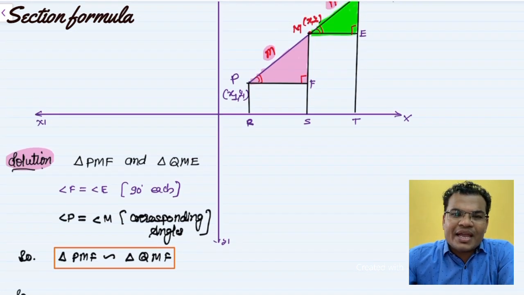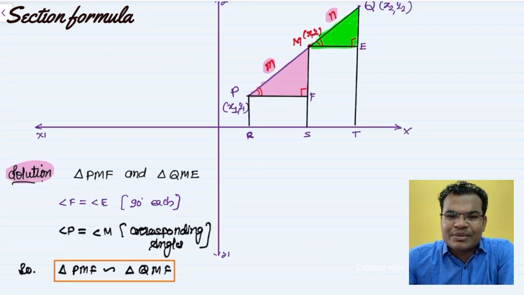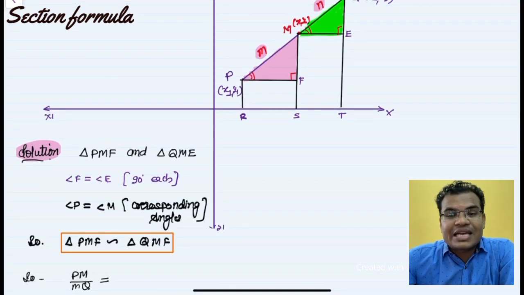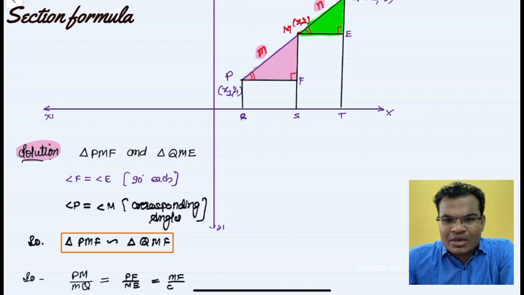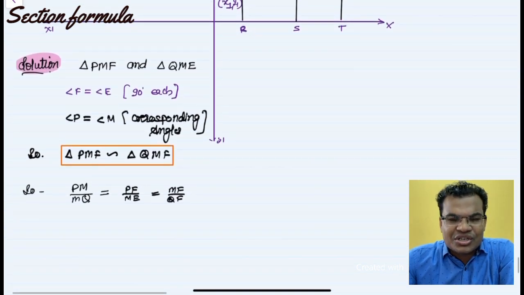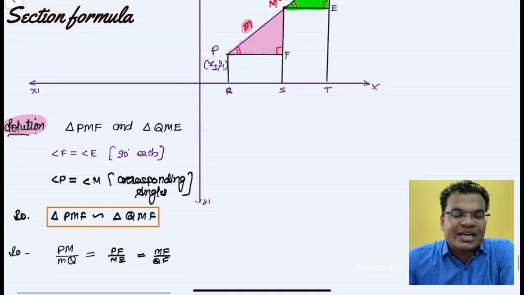We know that very well: if the triangles are similar, then the ratios of their corresponding sides are equal. So PM upon MQ, PF upon ME, you can see the diagram, and the last one is ME upon PF. These three sides, the ratios of the corresponding sides, are always equal.